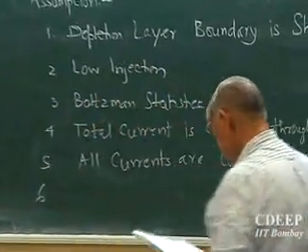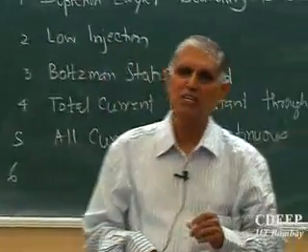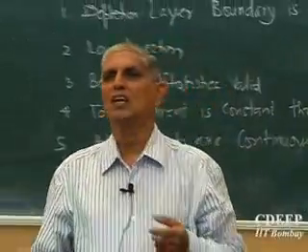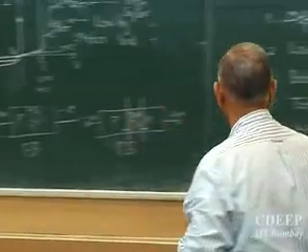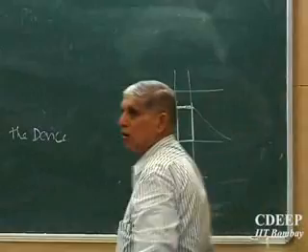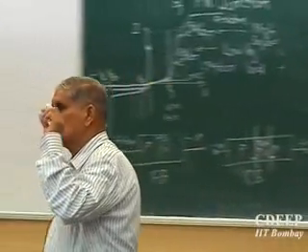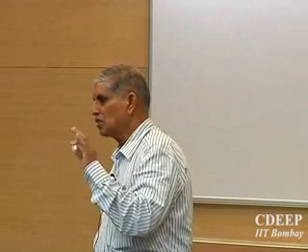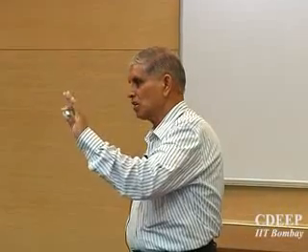The last but not the least, we also assume to start with, in the ideal case, that both electron and hole currents are constant in the depletion layer. In the depletion region, electron and hole currents do not change. What do I essentially mean by that? There is no generation-recombination term present in the depletion layer.